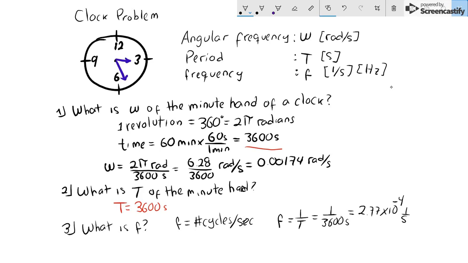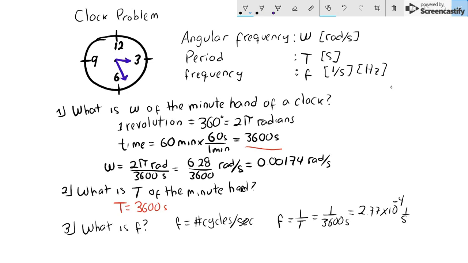Okay, let's recap. So we have a problem in which an object is moving around. In this case, it is the minute hand, and it's going to take 1 hour, 60 minutes, 3600 seconds to make a revolution. In this time, it moves 1 revolution, or 2 pi radians.